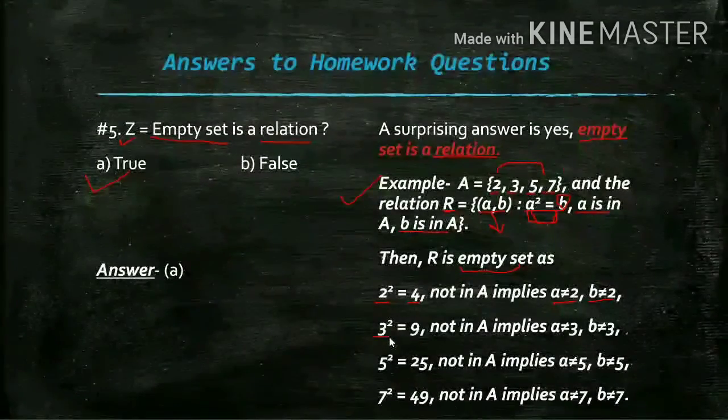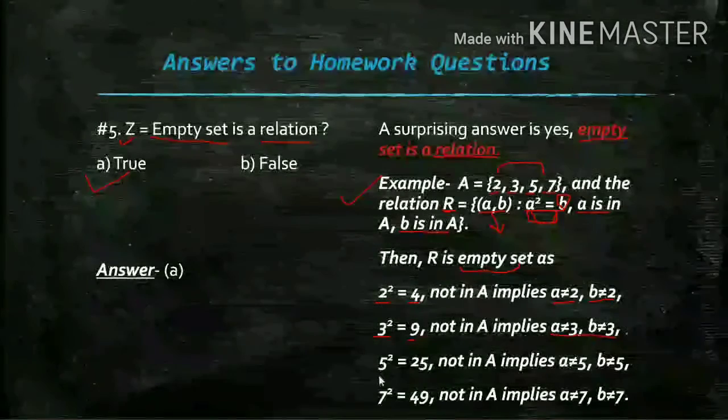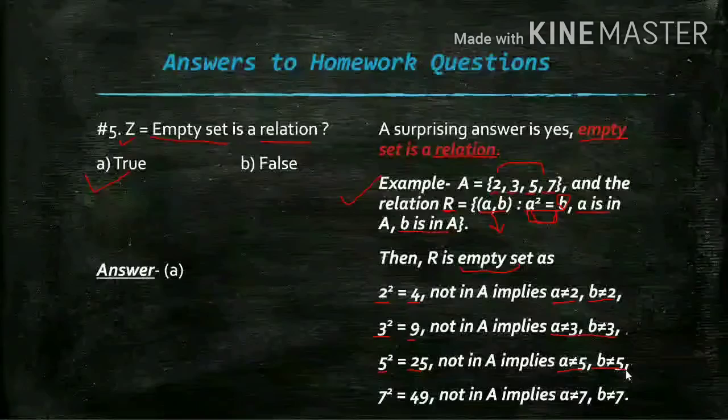Similarly, if I take a as 3, 3 squared is 9, which is also not in the set, that means a can't be 3, and also b can't be 3. Similarly for 5, 5 squared is 25, which is also not in A, because elements a and b are in this set only. So a is not equal to 5 and b is also not equal to 5.